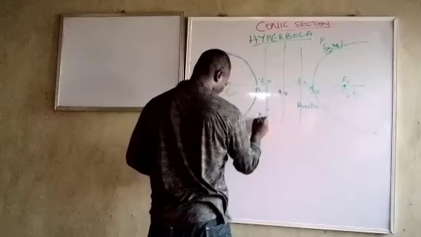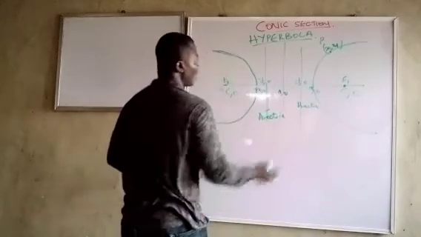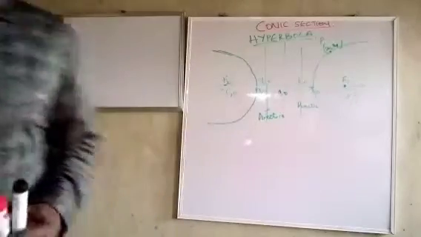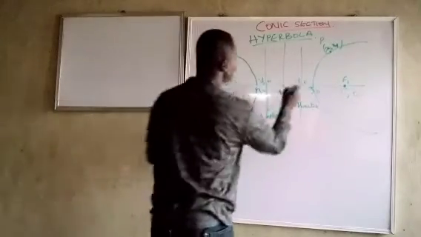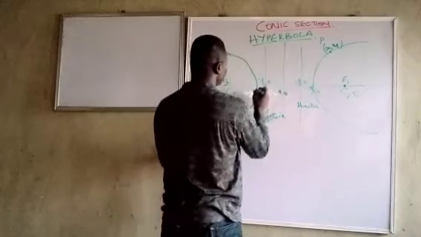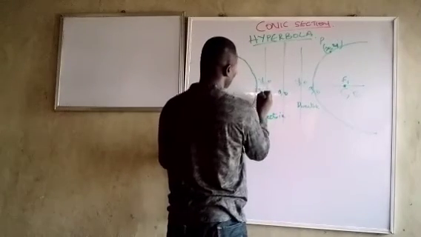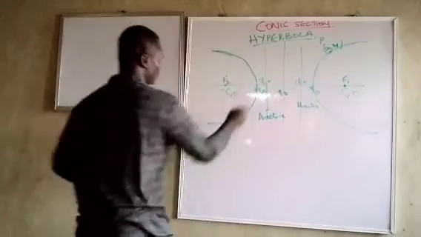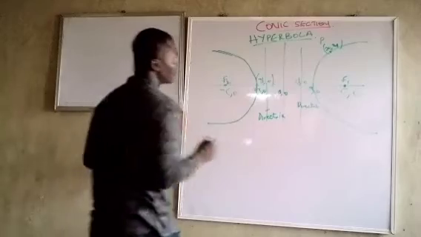Same with this one. Just like we did for the ellipse, we will try to find the relationship between a, c, and d. That was the first thing.